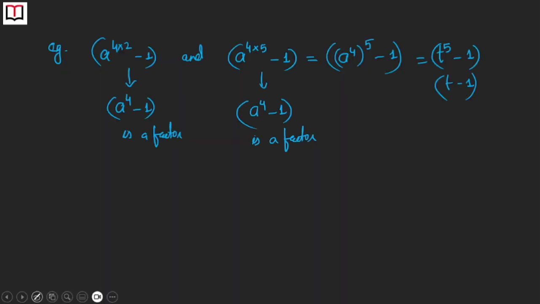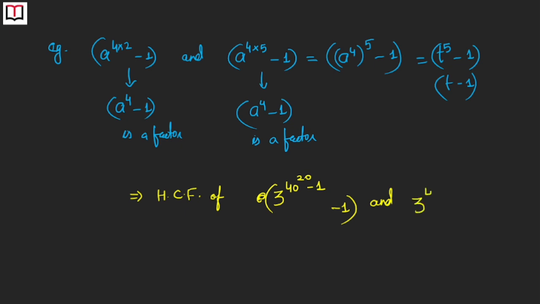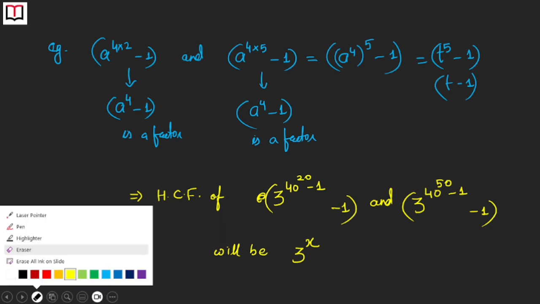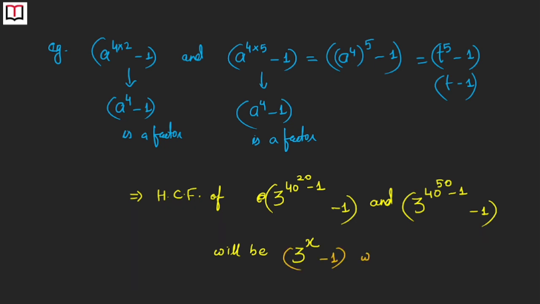So from here we can conclude that the highest common factor of 3 raised to the power 40 raised to the power 20 minus 1, minus 1, and 3 raised to the power 40 raised to the power 50 minus 1, minus 1, will be 3 raised to the power x minus 1, where x is the highest common factor of the powers, 40 raised to the power 20 minus 1 and 40 raised to the power 50 minus 1.